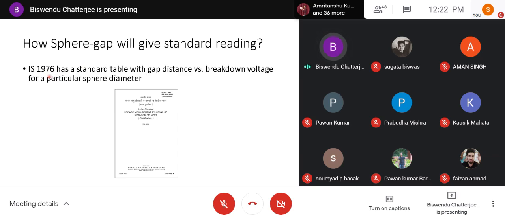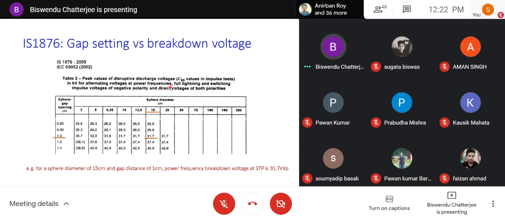Now IS 1876 has a standard table, see, with gap spacing in centimeter versus the breakdown voltage at standard temperature and pressure, that is 20 degrees Celsius and 760 millimeter of mercury, not in our lab condition, but still the table is there. How did they prepare this table? Statistically. Now one has asked me the question, now comes the role of sphere diameter.